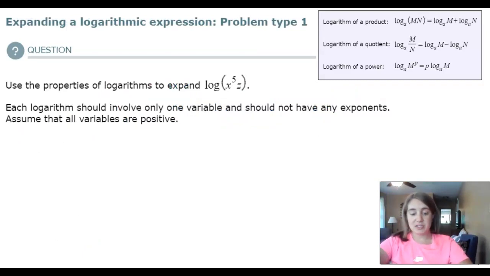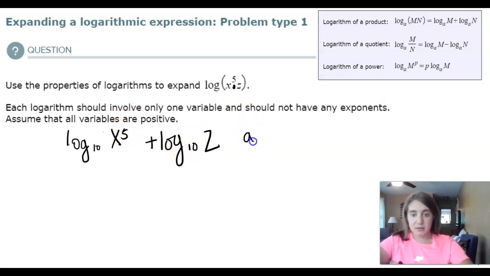So this wants us to expand this. By expanding this, it wants me to write them as separate logs. So I can write this as log. I know my base is 10. It's invisible, but it's there. Remember, multiplying becomes adding two different logs. So I applied the product.